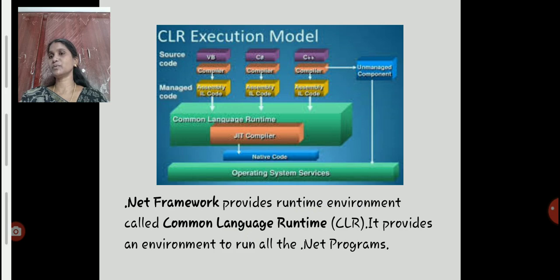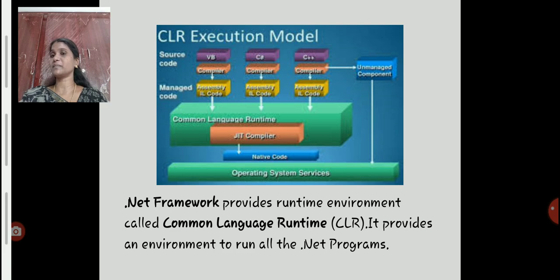Here we see the source code in different languages, and they get compiled. The source code is actually unmanaged code, and this source code is translated into managed code, which is called IL or MSIL. IL is intermediate language. This IL code gets compiled in CLR with a component called JIT.